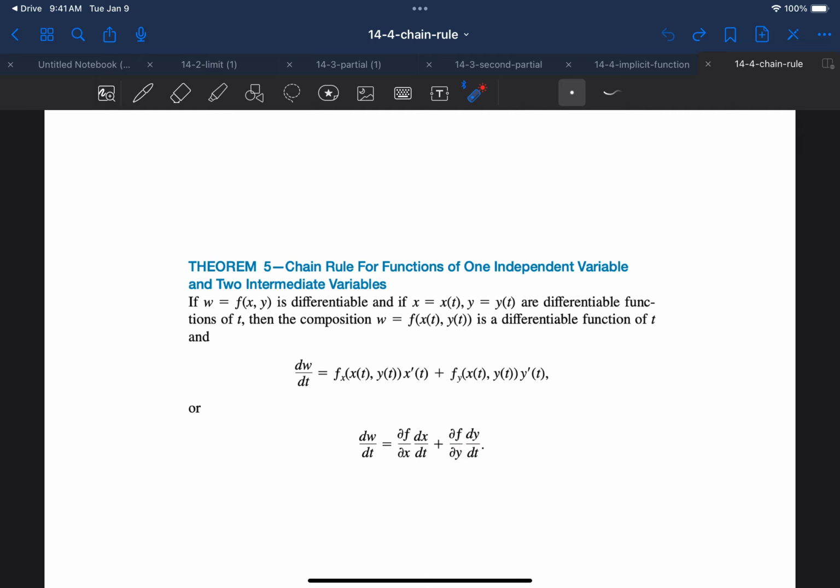If we use a more convenient way, then we can just think of f as the function w. So we can replace f by the variable w. So we think of w as a function.